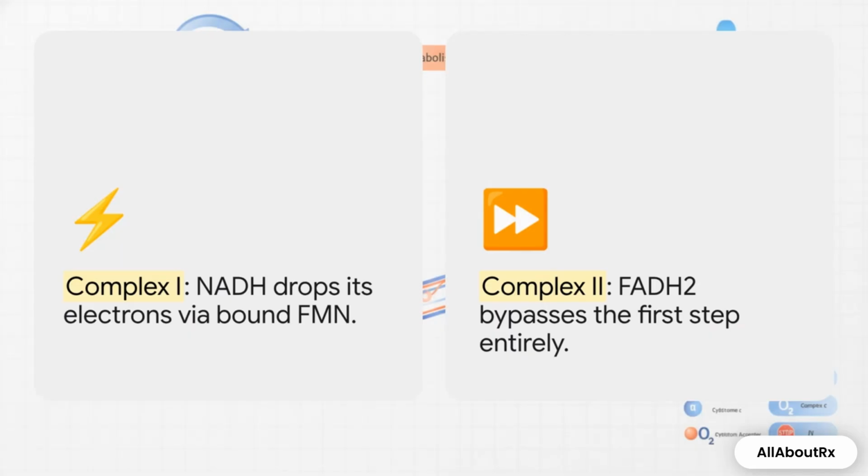Let's be really precise about where our electron donors enter. NADH drops its electrons at complex 1, also called NADH dehydrogenase, via bound FMN and iron-sulfur centers. FADH2, on the other hand, bypasses this first step completely and donates directly to complex 2, or succinate dehydrogenase.